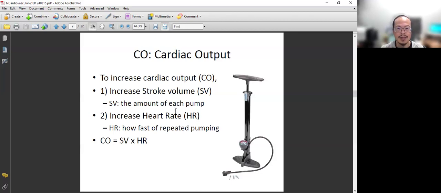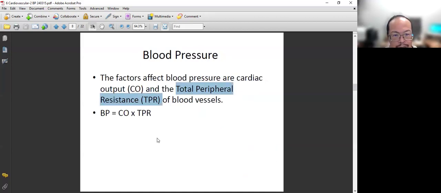Cardiac output equals stroke volume, which is what you pump out from the heart each time, and the heart rate is how fast you pump it. Overall, we get the cardiac output, and that gives you the blood pressure. The higher the cardiac output, whether from a stronger stroke volume or a faster heart rate, the higher the blood pressure.